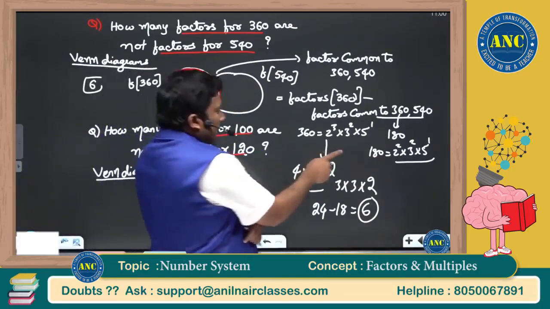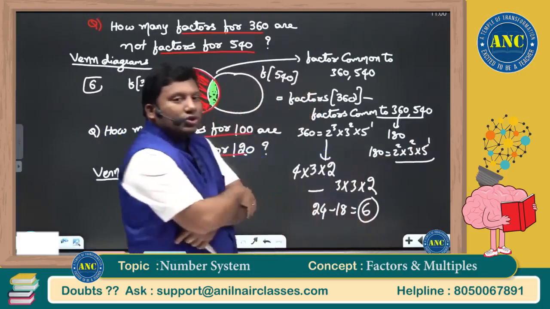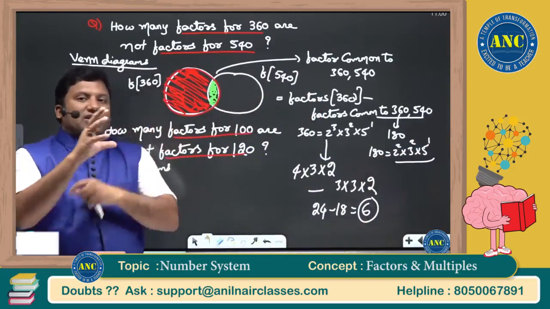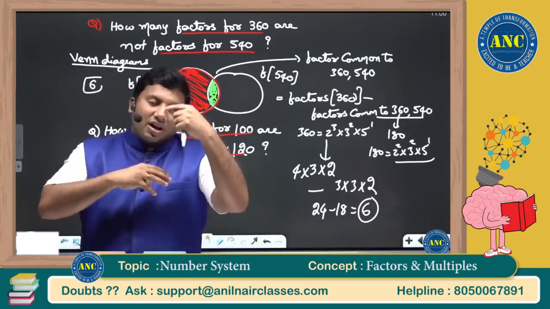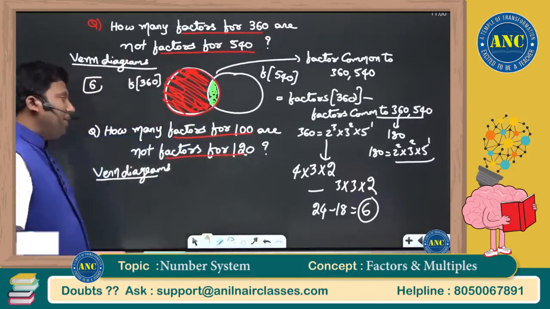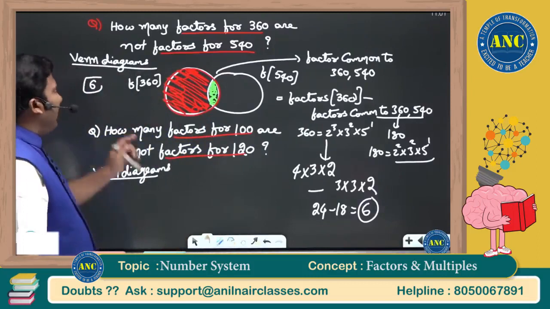How many factors will be there for this number? 3 into 3 into 2 will be 18. Out of 24 factors, there are 18 factors which are common to both 360 and 540. That I need to eliminate. I hope the idea is clear.